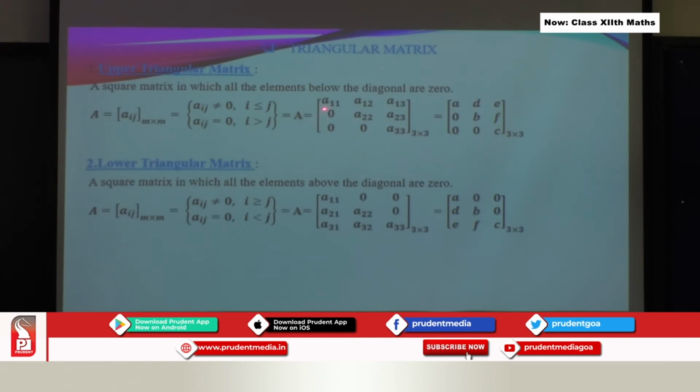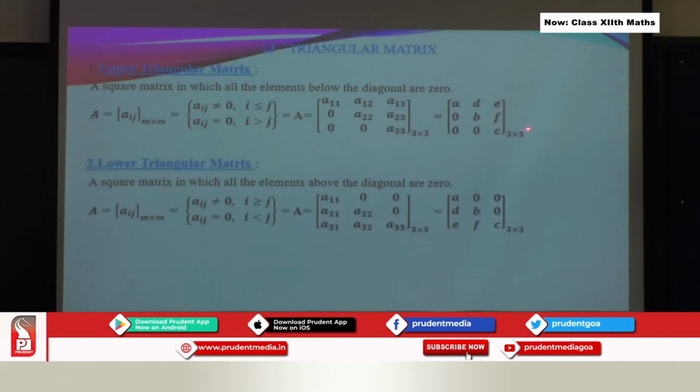So this is called upper triangular matrix, since all the elements including the diagonal and above this diagonal are non-zero. This is the example of it. You can see all the elements including diagonal and above the diagonal are non-zero.